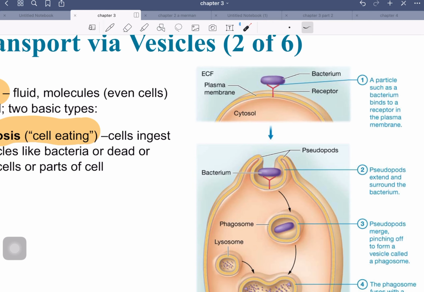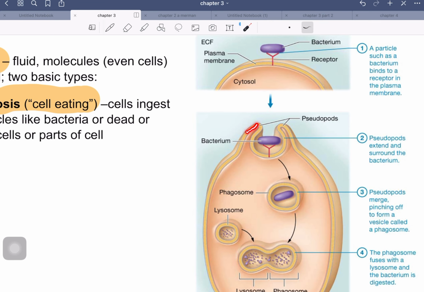As this goes on, they keep reaching towards each other, and eventually they touch each other, and they have the ability to fuse because they're made of the same material, phospholipids.